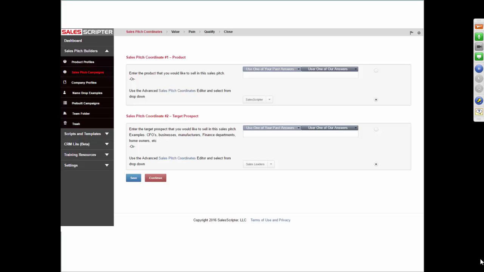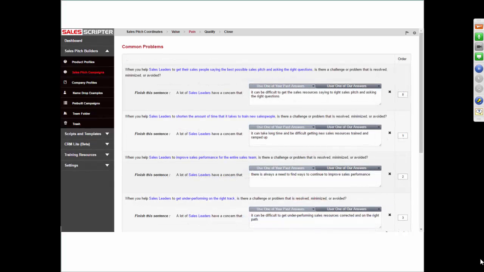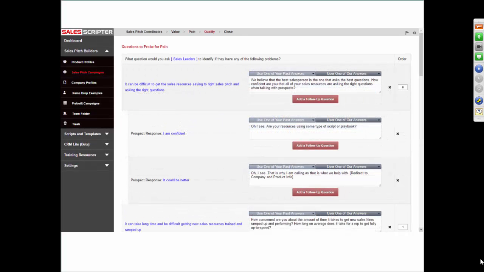If we go back to our gym membership person, you could build a campaign for overweight, unhealthy individuals, a campaign for those that are extremely healthy but wanting to get to the next level, a campaign for married couples, families, and college students. Each of those campaigns could have different benefits, pain points and questions. SalesScripter takes you through a process that helps you outline all of those different benefits, pain points and questions.